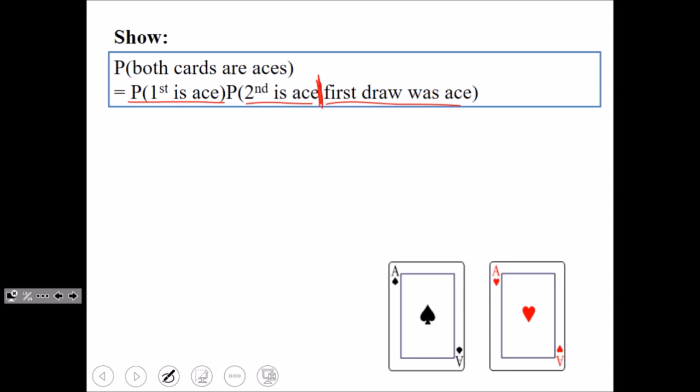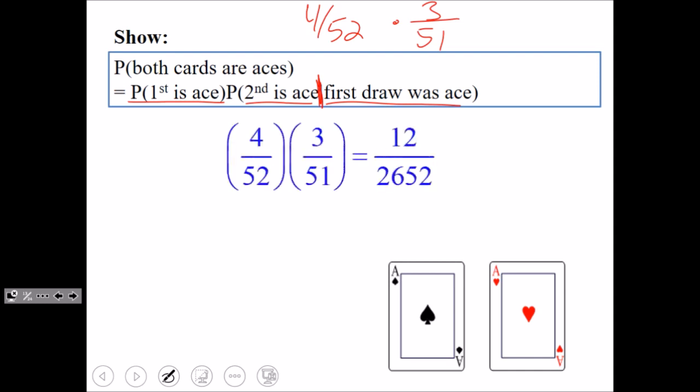There's 4 aces out of 52 cards. Now I want to look at my second probability. What's the chance of me getting another ace if the first card was an ace? Well, I pulled 1 card out, so there's only 51 cards left. And if the first card was an ace, there's only 3 left. So I'm going to have 4 over 52 times 3 over 51. I multiply it, I'm going to get 12 over 2652.